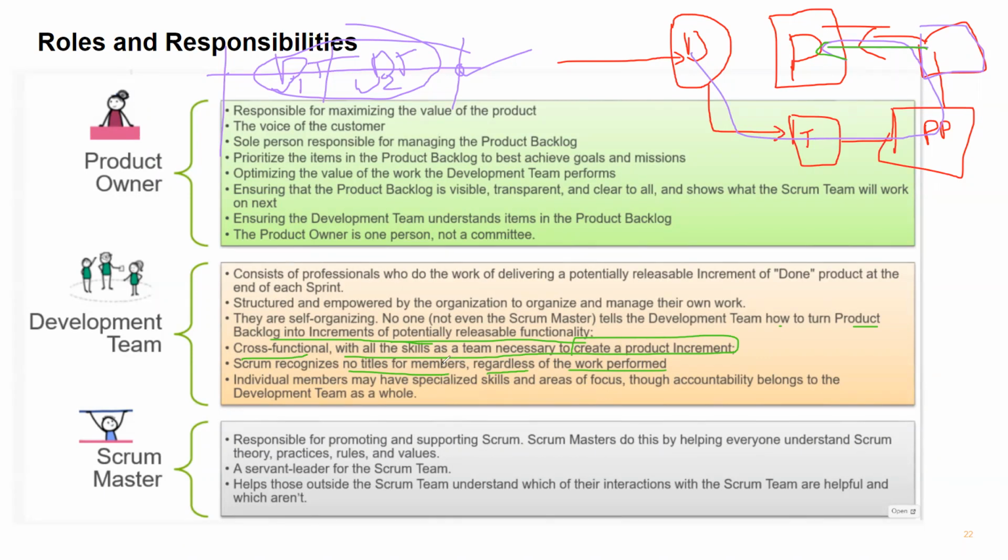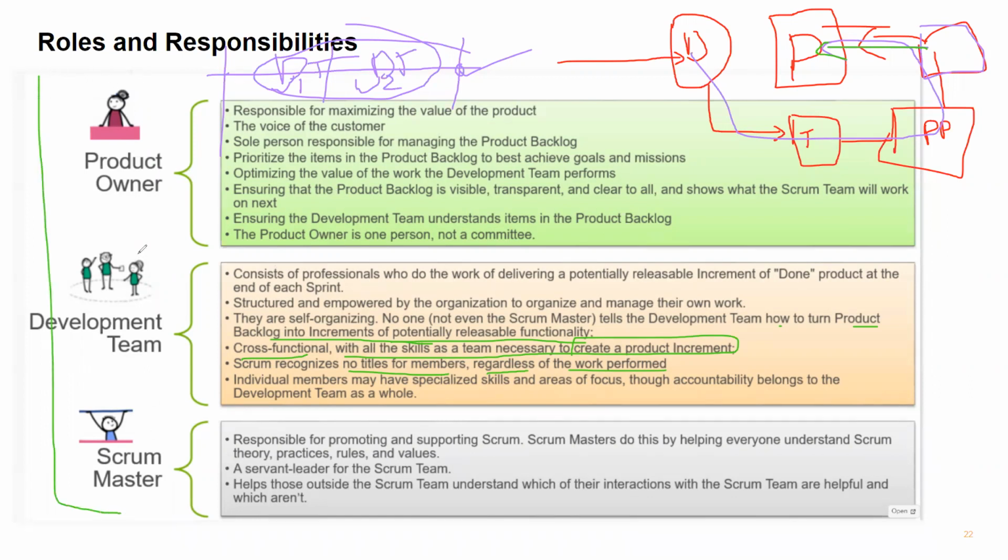Maybe you will be reporting to a manager or a director outside the Scrum team. So can anybody tell who is part of the Scrum team here? Developer and product owner, and testing department.